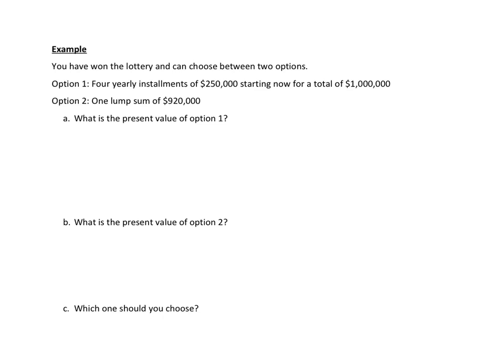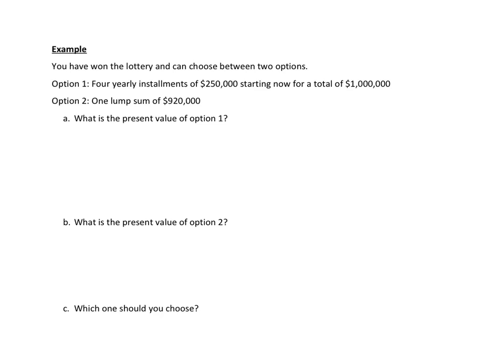So in this example, you have won the lottery and you can choose between two options. Option 1: 4 yearly installments. So each year you're going to be paid $250,000 starting now, and in total, at the end of that time, you're going to get $1 million using these 4 payments. Or option 2: at this exact moment, you can get one lump sum of $920,000.